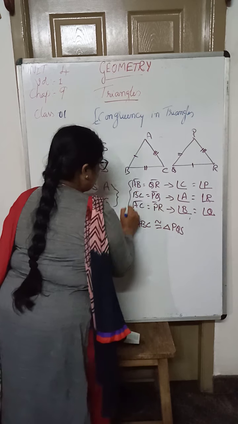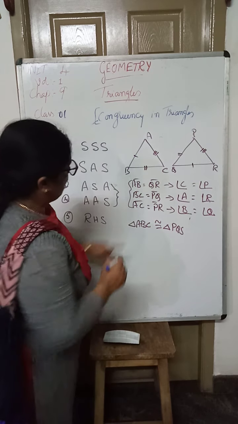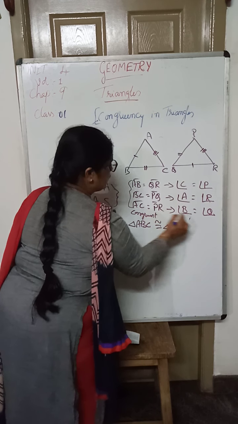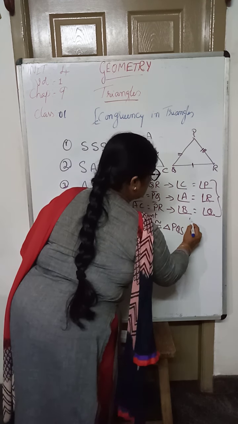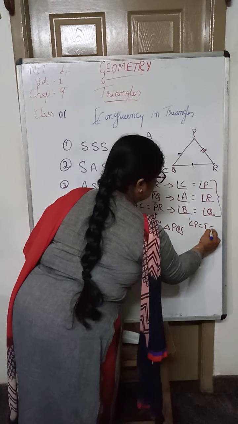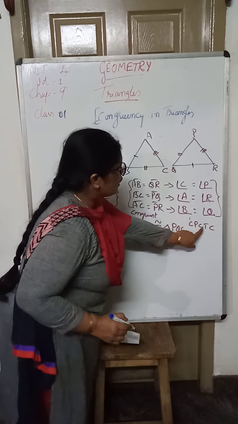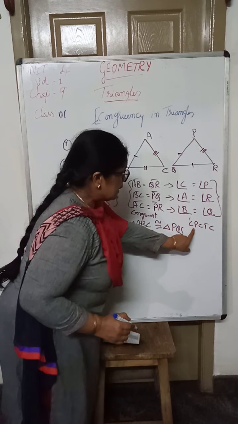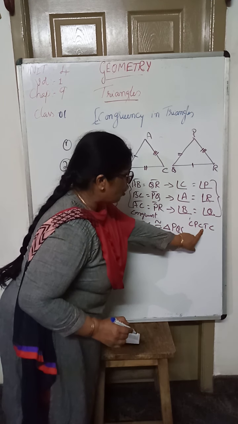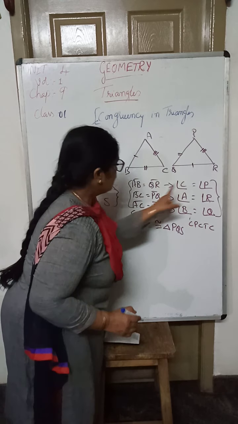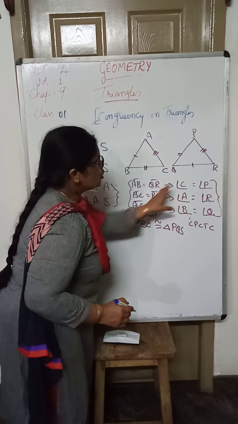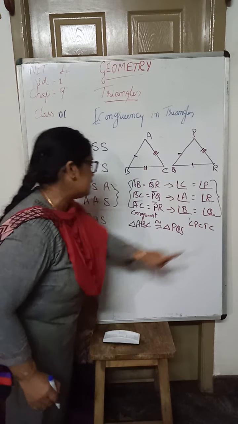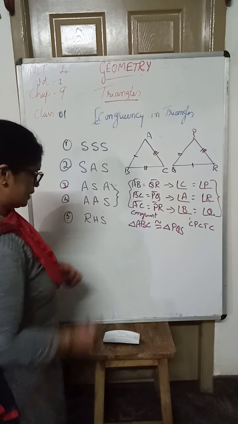Here these three are said to be congruent parts, and these three are said to be CPCTC, means corresponding parts of congruent triangles are congruent. If these three are proved, sure these three will be equal. So it is said to be CPCTC. This is according to SSS.